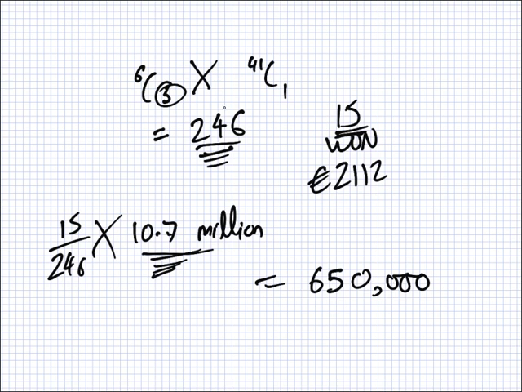That's what's happening here. If every possible ticket was sold, you would expect 246 winners. But you only got 15 winners. That must mean not every ticket was sold. The proportion tells you how many were sold.